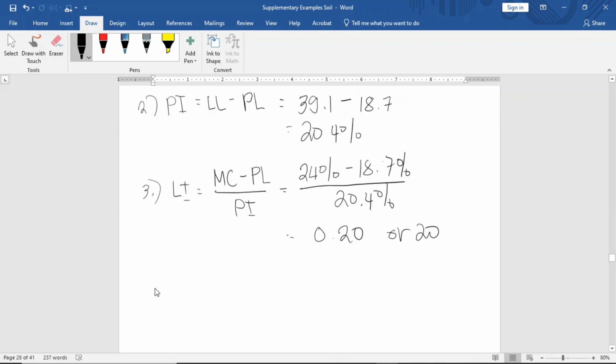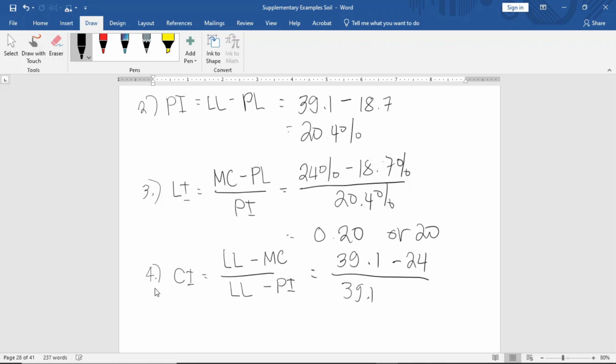The last thing we are asked to find is the consistency index, CI. What is the formula for CI? The formula is liquid limit minus the moisture content, all over liquid limit minus PL, which is the PI. Our LL based on what we solved is 39.1, minus the moisture content of 24, all over 39.1 minus PI, which is 20.4.